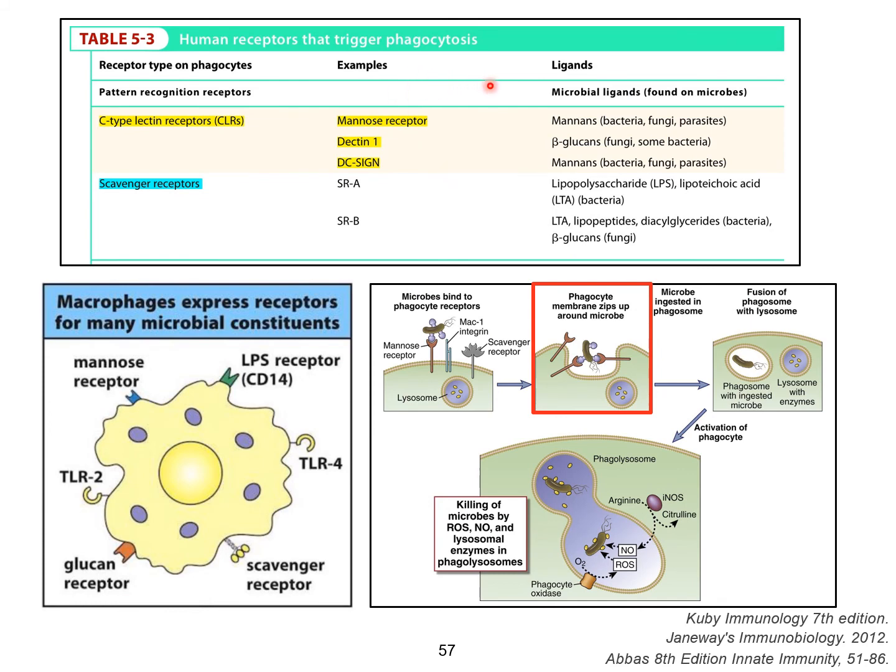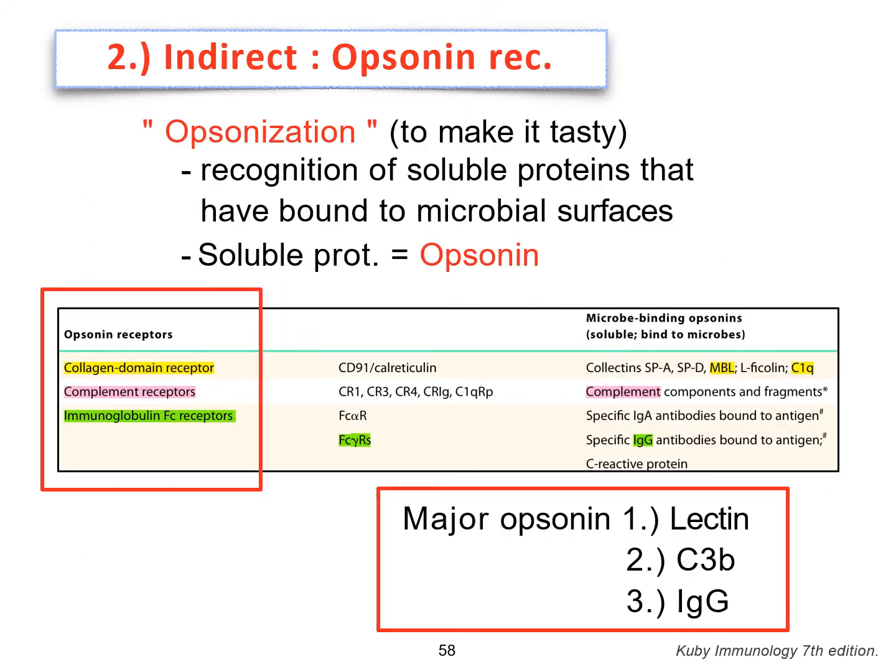So human receptors that trigger phagocytosis are the CLRs and then scavenger receptors. So this is the macrophage having all these types of receptors, in the pattern of phagocytosis by recognition, ingestion and killing. And indirect phagocytosis is by opsonization or opsonin recognition.